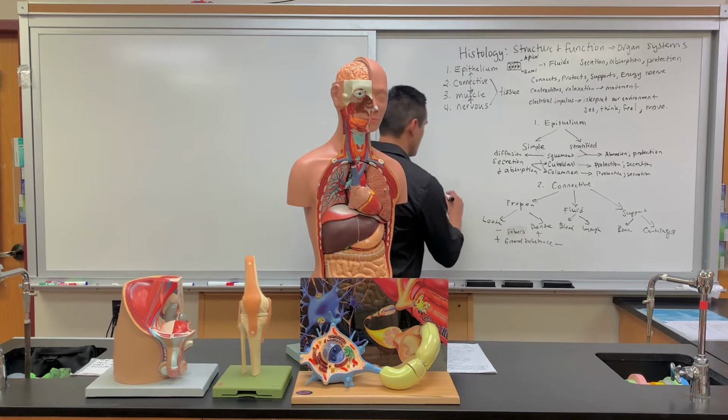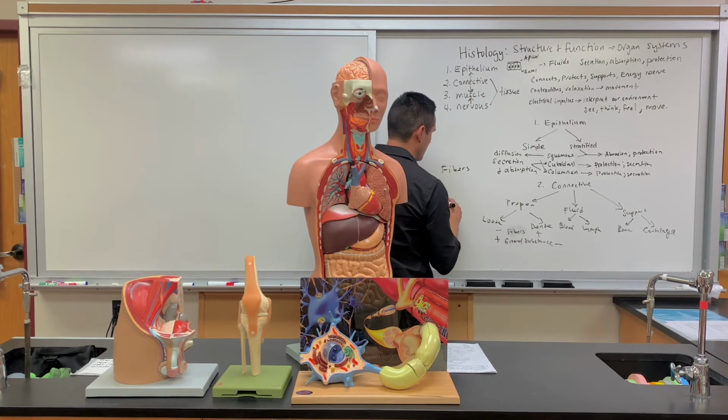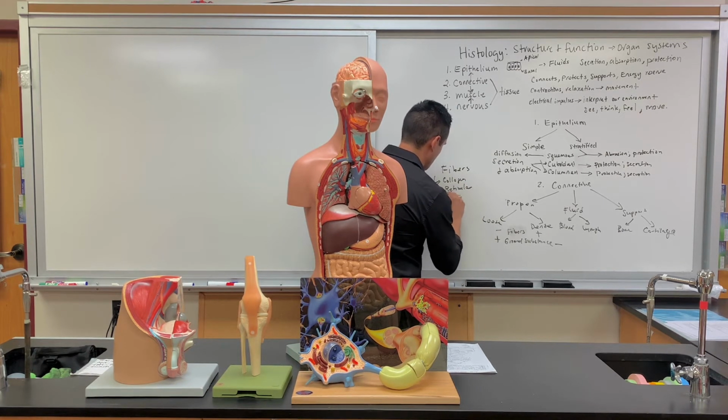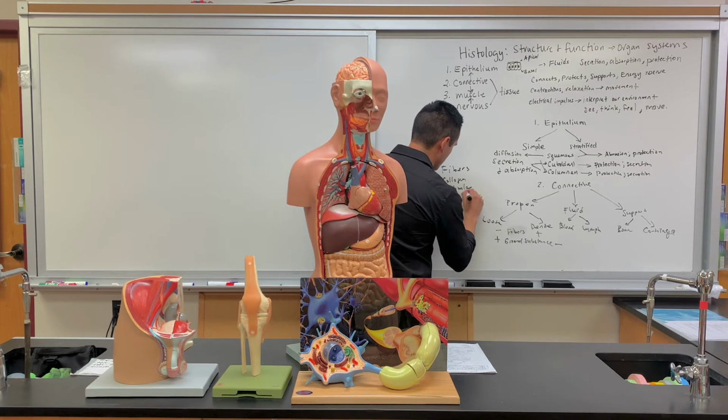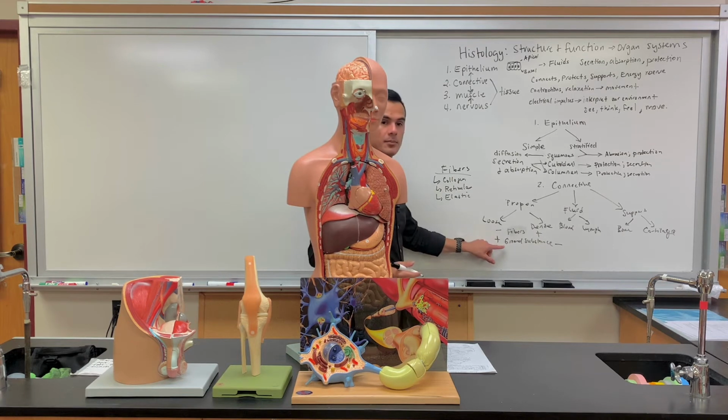Okay, so let me explain what I'm talking about when I talk about fibers versus ground substance. With fibers, what we're concerned with is there are three main types: the collagen, the reticular, and the elastic fibers. Those are the three types of fibers. That's what makes it up, okay?